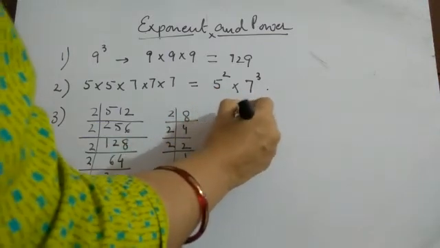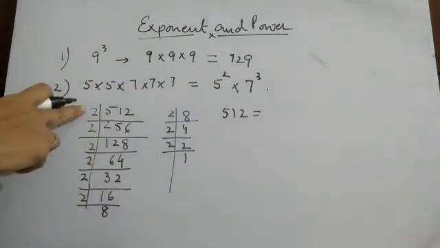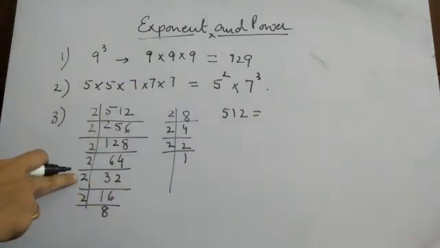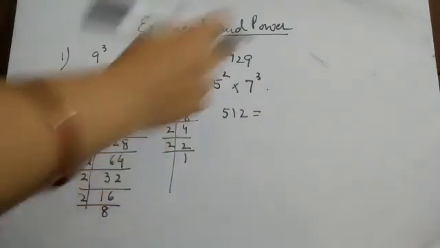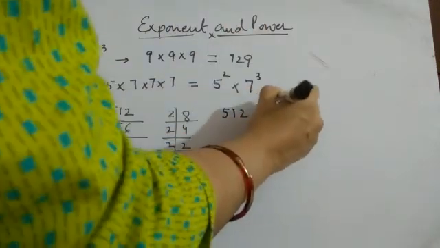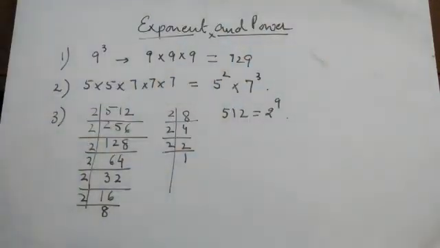So in 512, how many times is 2 repeated? 1, 2, 3, 4, 5, 6, 7, 8 and 9. So 2 raised to the power 9 is the answer. This is how we do.